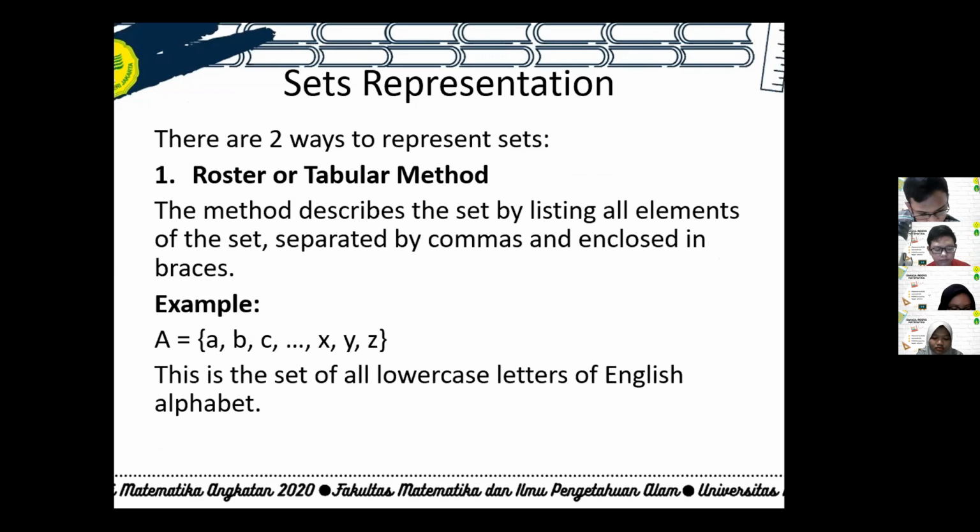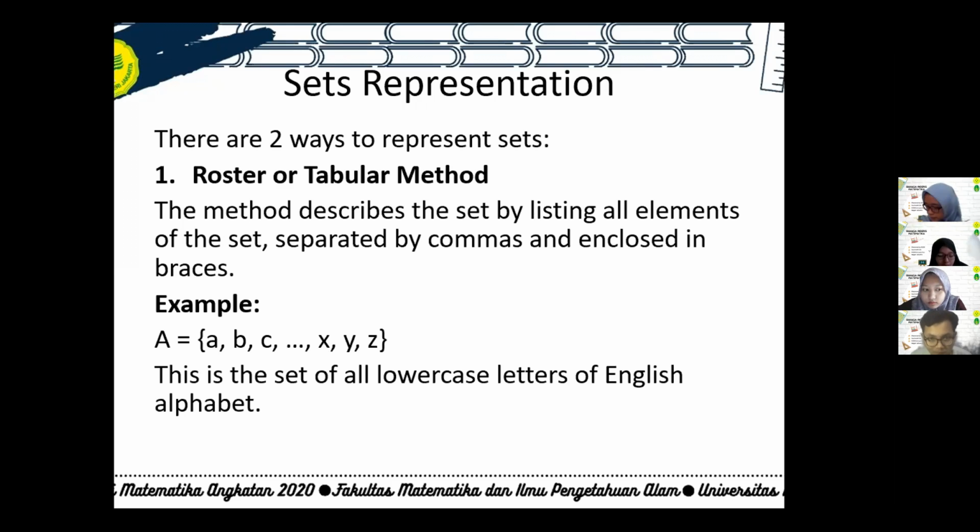Set representation to represent sets. The first way is the raster or tabular method. It is the method described by listing all elements of the set, separated by commas and enclosed in braces.